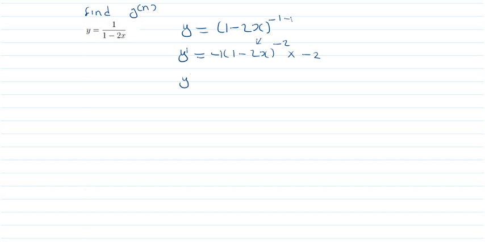So the second derivative is going to be equal to, we have a negative 2 multiplied by negative 1, right? So we have a negative 1 multiplied by negative 2. Then we have 1 minus 2x to the power, when you subtract 1 here, we're going to have negative 3.